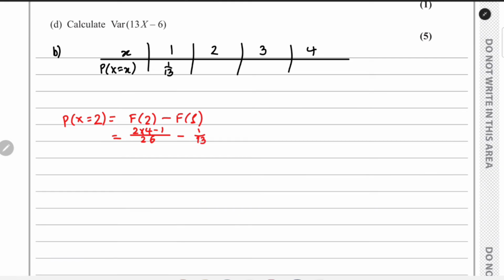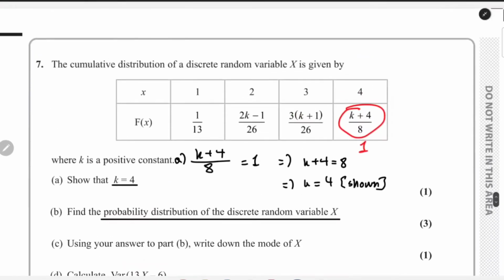To make our calculations easier, I'll find these out here. So we can just copy the values from the table. So 2 into 4 minus 1 by 26. This is 7 by 26. And this is 15 by 26.